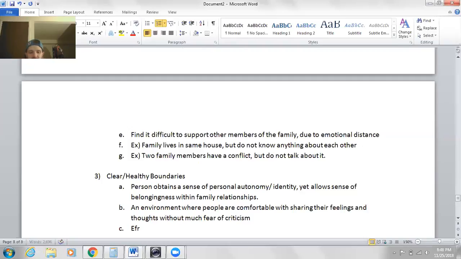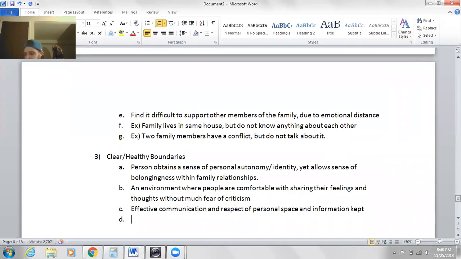So this is effective communication and respect of personal space and information kept. And then compromise and accommodation of each other exists.